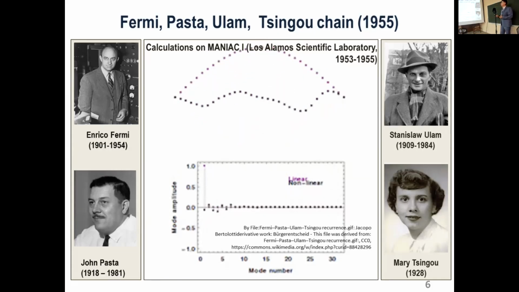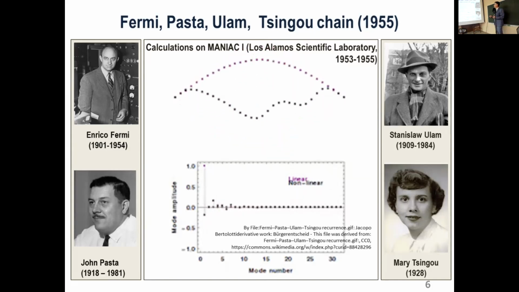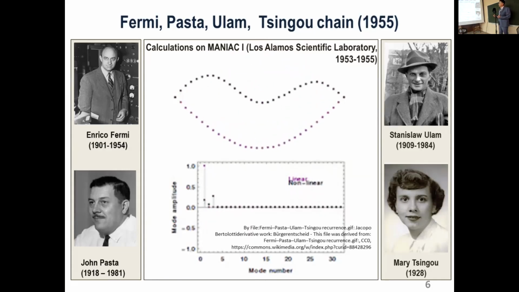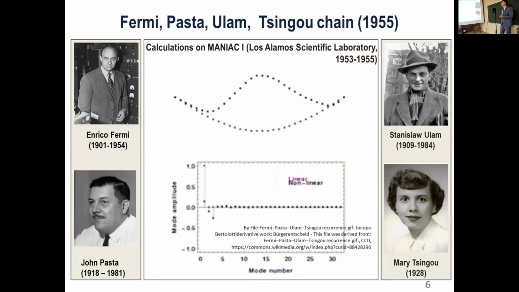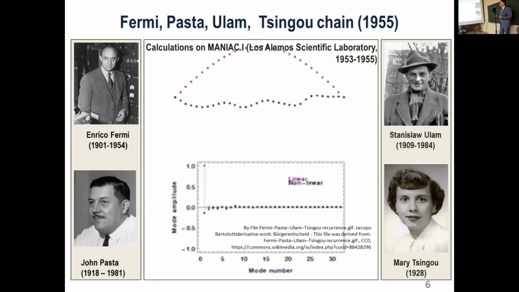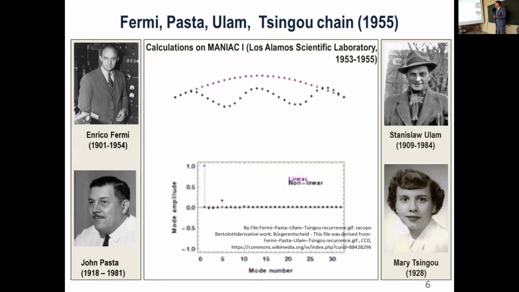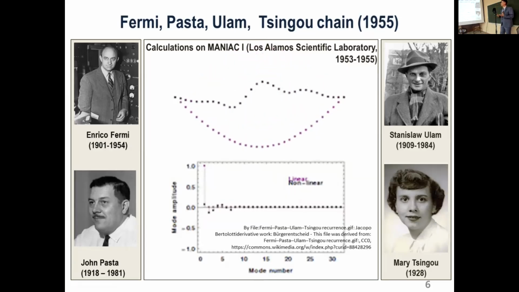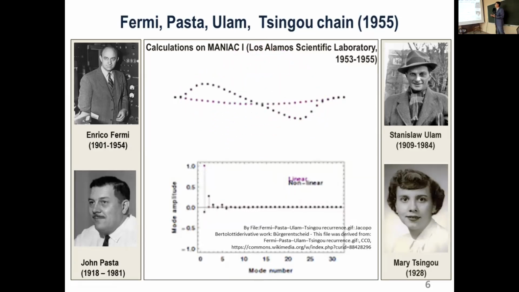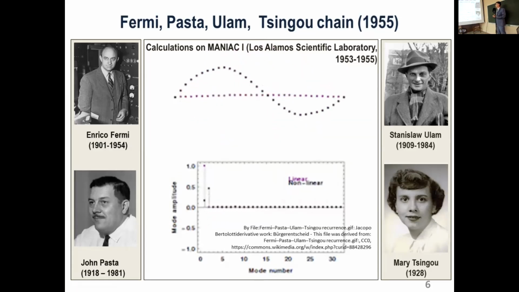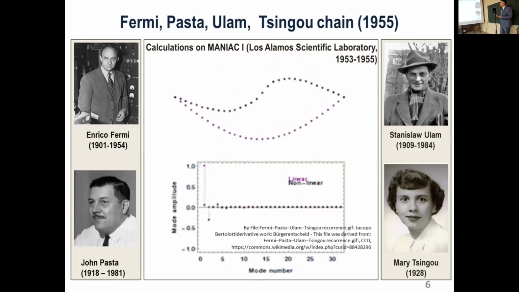And they found that this system has very complicated behavior, and with time the modes have different power. So this problem, which started to be analyzed on a computer, generated a new field of research, and the Fermi-Pasta-Ulam chain is now still studied as a fundamental problem.